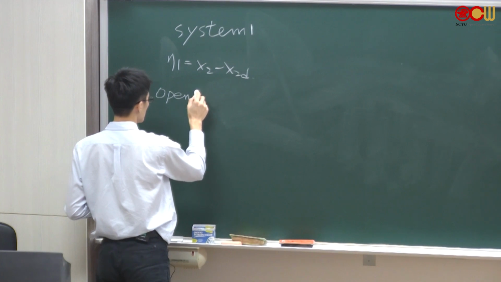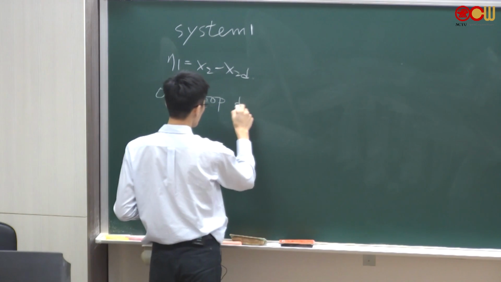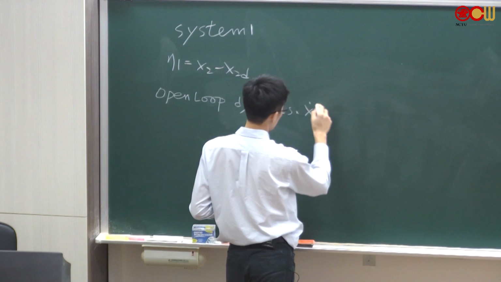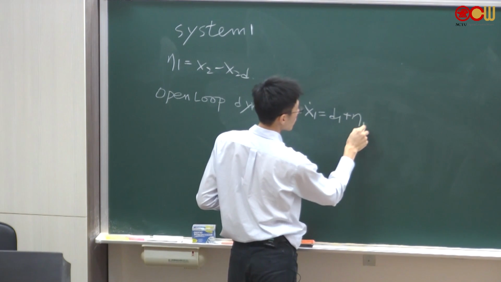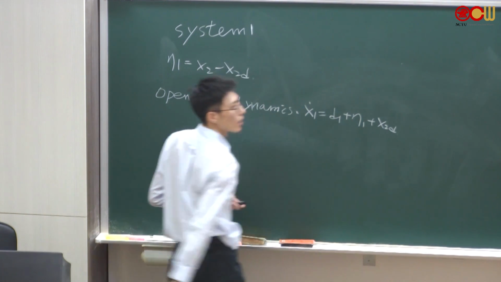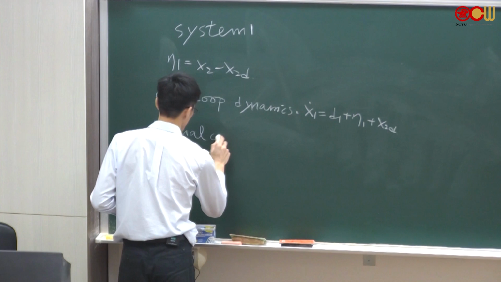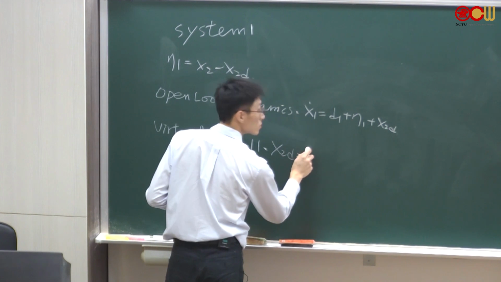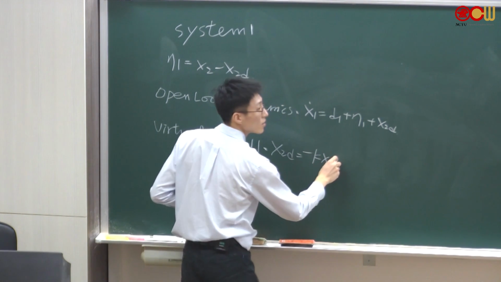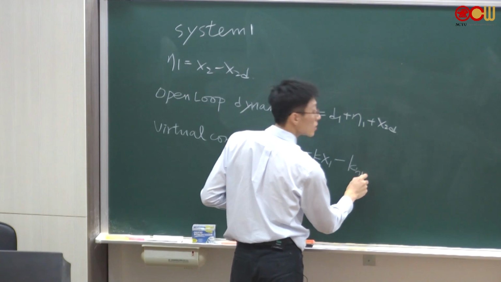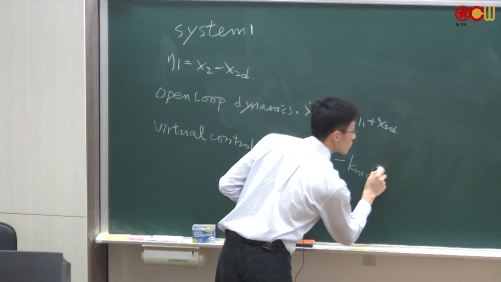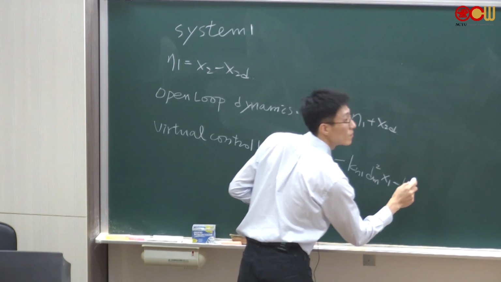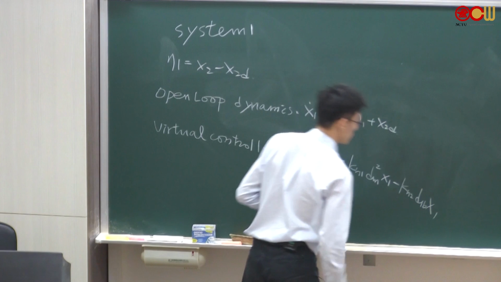Your open loop dynamics is x1 dot equals D1 plus eta 1 plus x2d. The virtual control x2d is equal to minus k1 x1 minus kn1 D1 n squared x1 minus kn2 D1b x1.